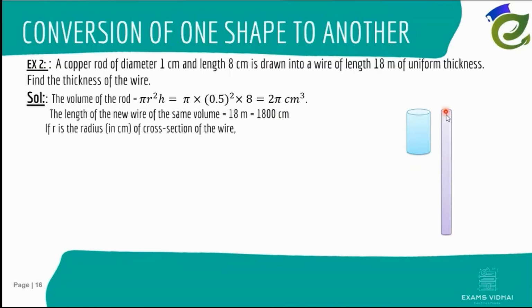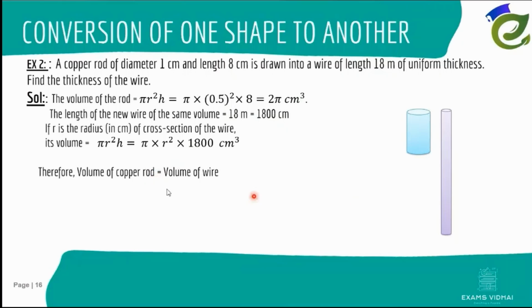So, assuming the radius of the cross section of the wire as r, we get the volume as, we know that this is a cylinder, so pi r square h, that is nothing but pi into r square into 1800.